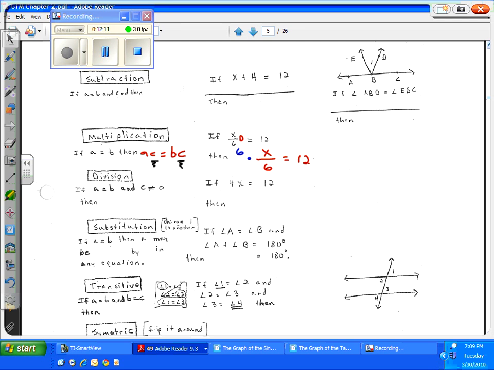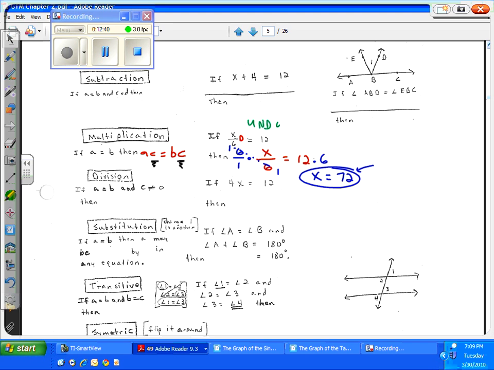We would see that those reduce to ones, and we would get x is equal to 72. That conclusion we could reach based on the multiplication property of equality. We undid multiplication by division. Again, you can see that property on page 29A.